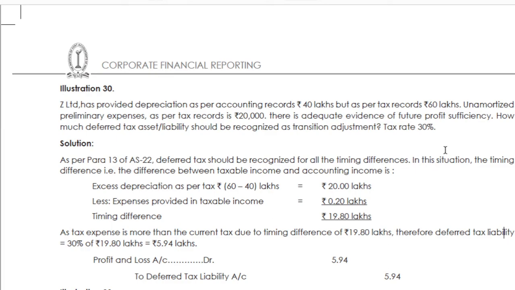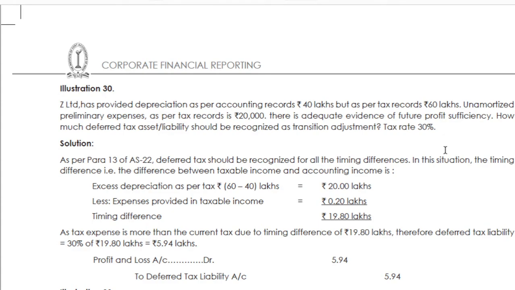What is the next question? Z Limited has provided depreciation as per accounting records 40 lakhs, but as per tax records 60 lakhs only. So as per books depreciation is 40 lakhs, as per tax depreciation is 60 lakhs. Okay? More depreciation is provided in Income Tax Act. Next item, unamortized preliminary expenses as per tax record 20,000 rupees.